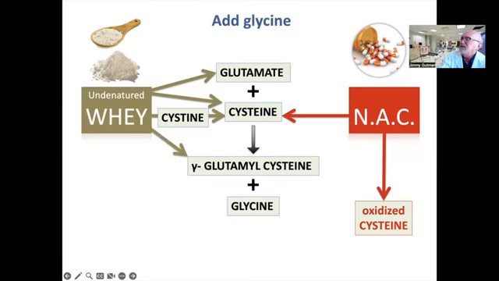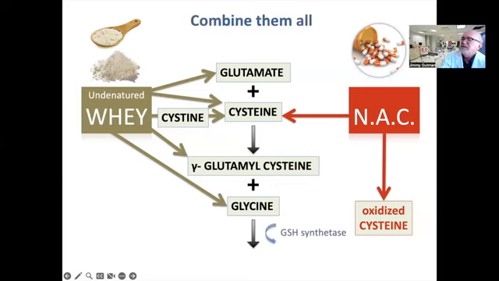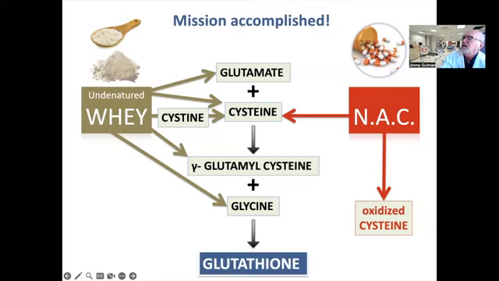Now, glycine must be added. Where to get glycine? Well, whey protein will give you glycine, but NAC won't. Another difference. Finally, the enzyme glutathione synthetase is used. And the final step is the production of glutathione.